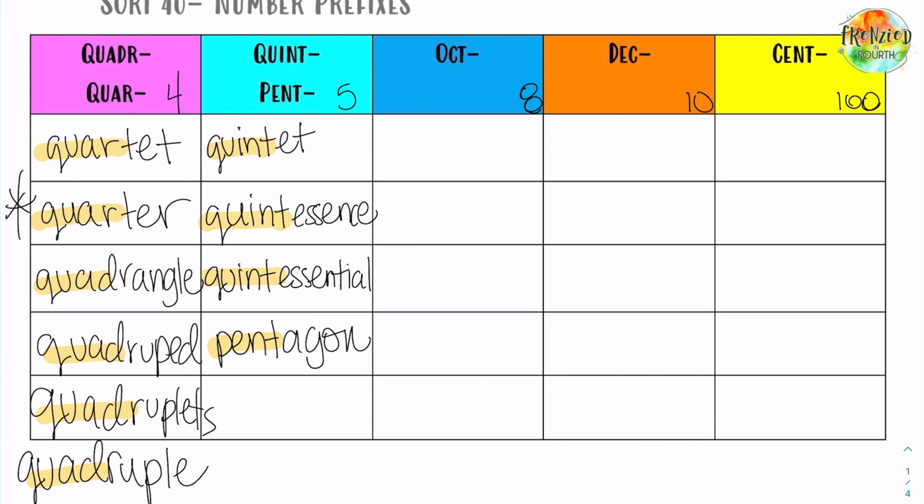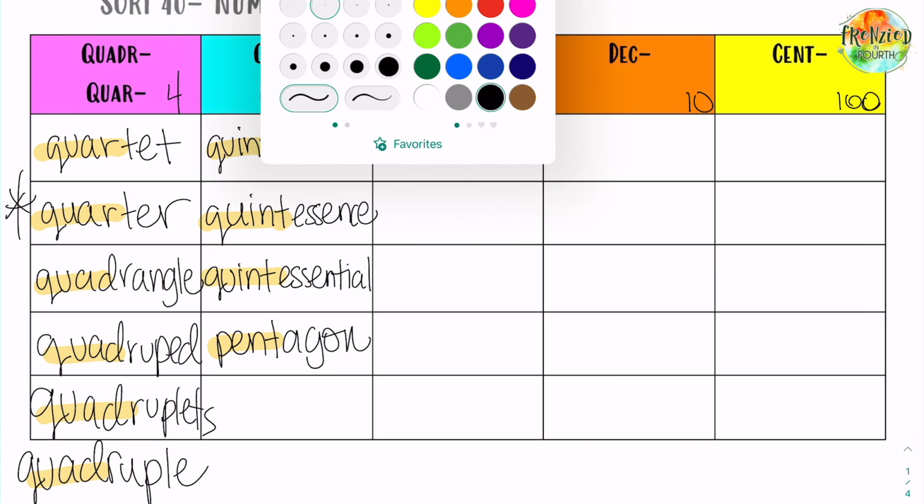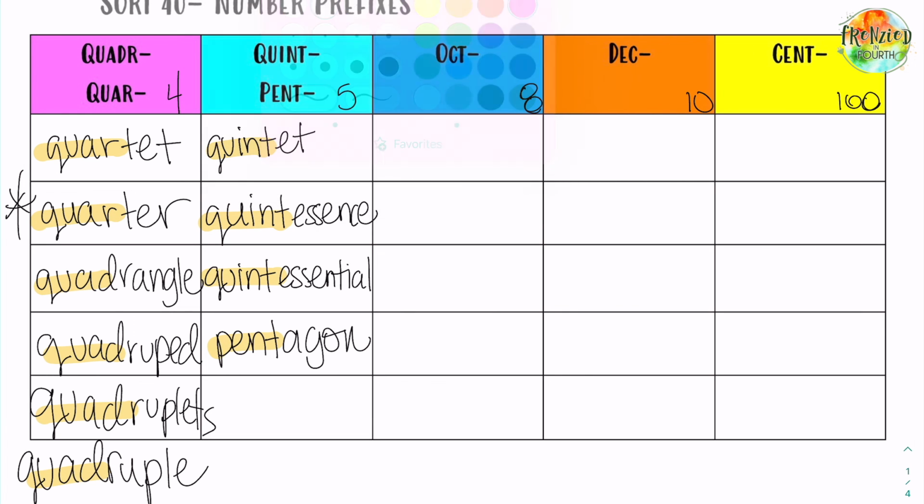So both of these words right here, let me change colors. Quintessence and quintessential, you may have heard those words before, but I want to talk about why 5 ties into this.